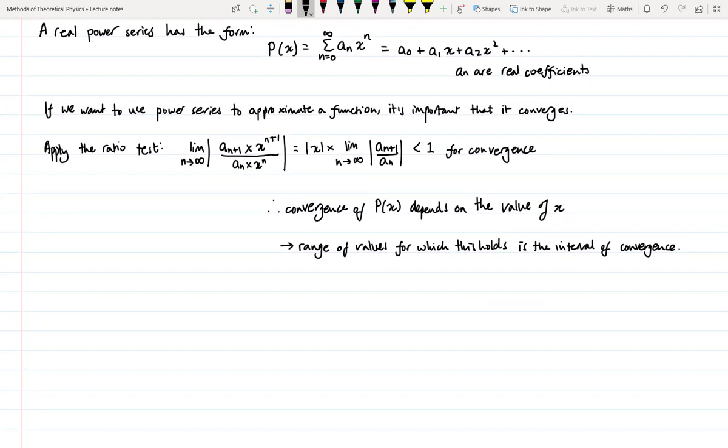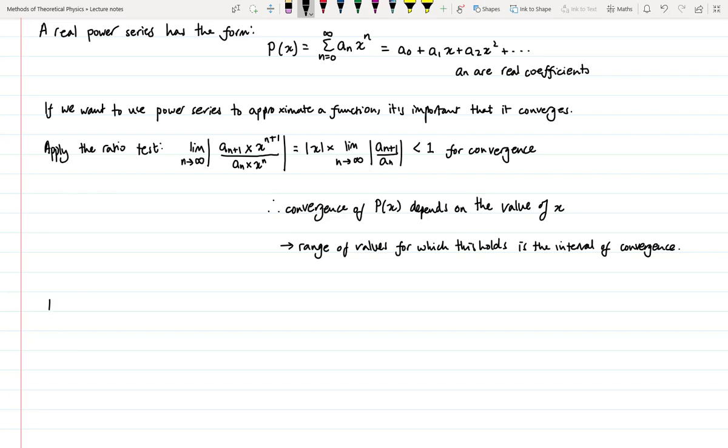We will see that when we generalize to complex power series, where the argument and the coefficients can be complex, this kind of treatment will give us a radius of convergence in the complex plane. In other words, the region of convergence is described by a disk.